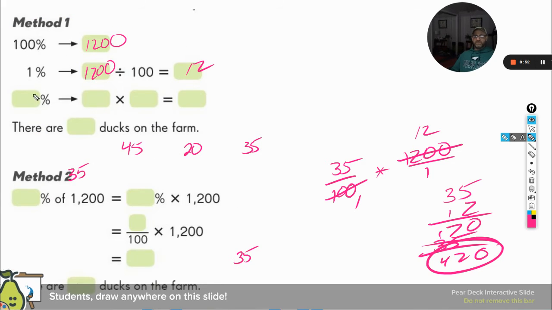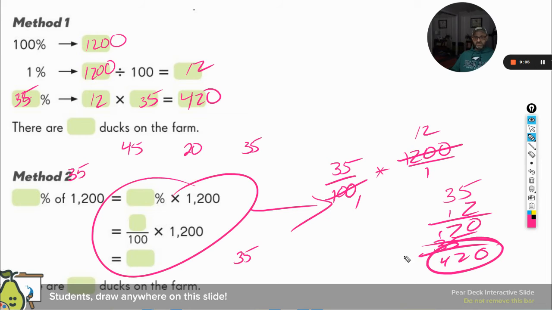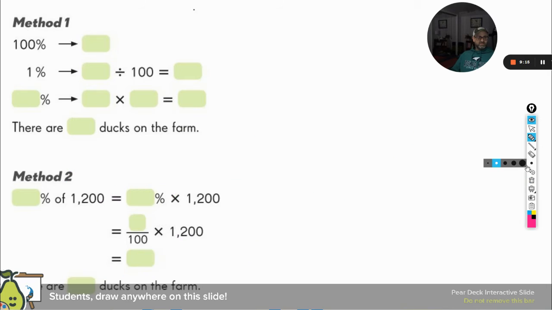So then you're doing 12 times 35, and that was the 420. Okay, and this is the same as what I did over here, right? The 35% of 1,200, 35/100 times 1,200 over 1 equals 420 ducks. Boy, oh boy, that's a lot of quacking.